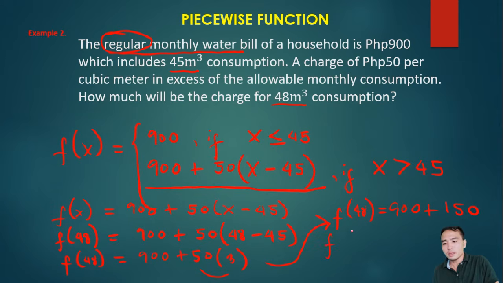Therefore, the value of the function at 48 is equal to 1,050 pesos. So, ibig sabihin, you will be paying 1,050 pesos per month.